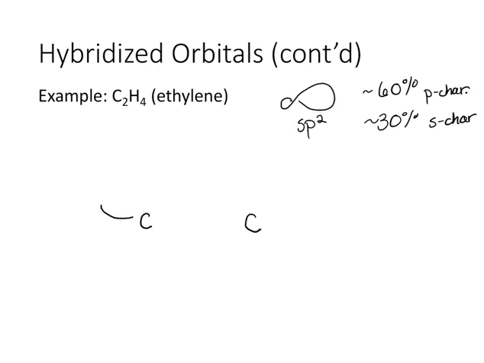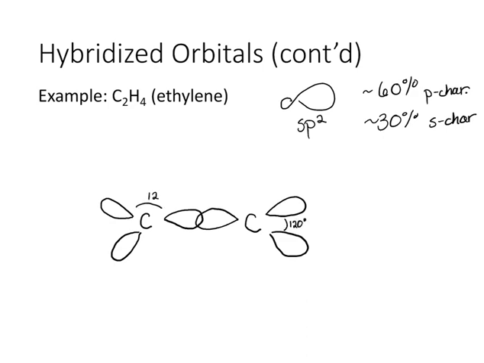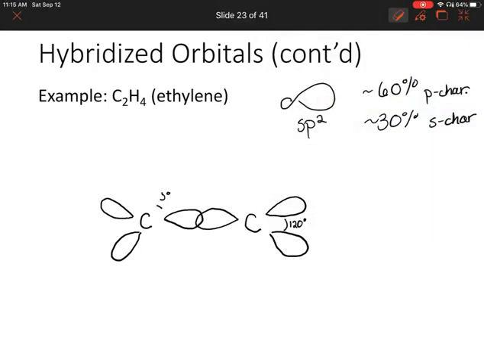So it's going to look something like this. And I'm going to draw the 2 in the middle overlapping. Okay, so again, we've got 120 degrees here between all of these bonds. Oh, actually, let me erase this because I actually need that space. So I'll just draw it over here.